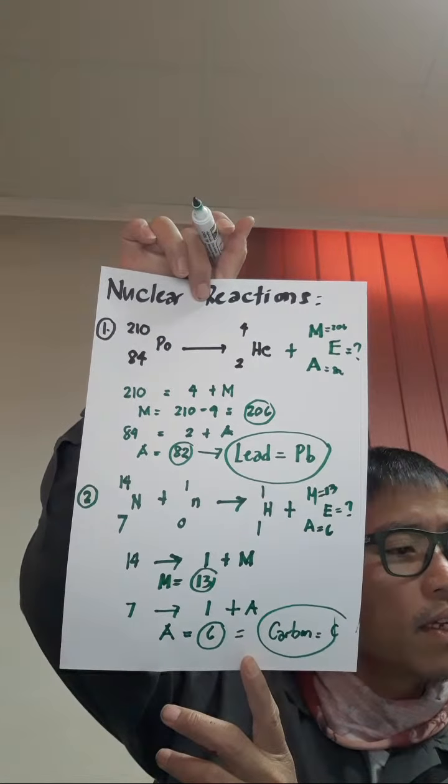Okay, and then another example. Another example will be number 3 here. So we have mercury-201, 80 Hg, plus 0 E -1, an electron, like this.